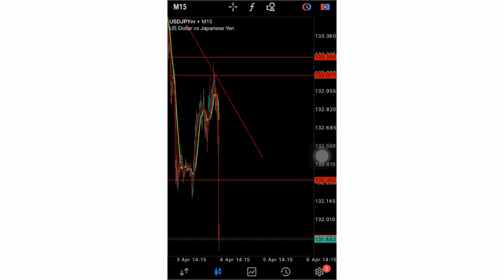So let's move further. Now to calculate this is easy peasy. We have 133.07 to this one. We are using this to calculate the profit. For instance, 132.30.